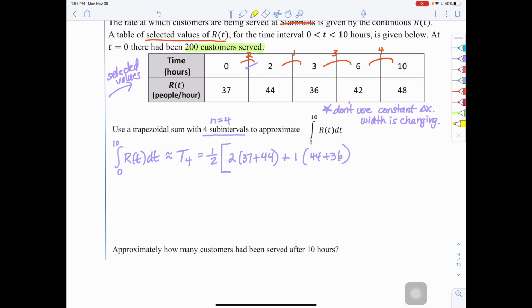Are you able to see how we double up on this guy? It's kind of a good example. Plus, let's take that width of 3 times 36 plus 42.